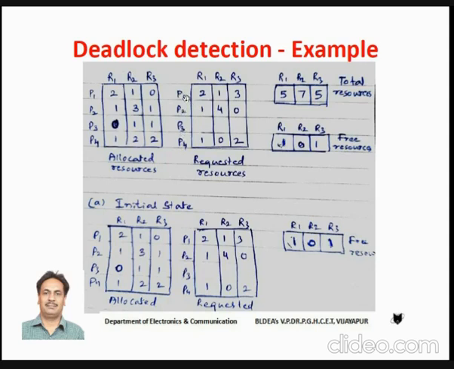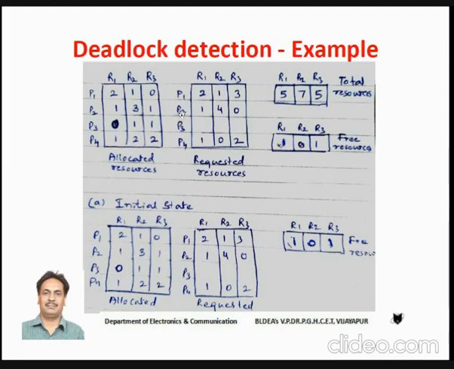In this example, process P1 requires two R1 type, one R2 type, and three R3 type resources for completing its execution. In the first matrix, the information is about already allocated resources. But in the second matrix, we have information about the additional resources required to complete execution of P1, P2, P3, and P4.